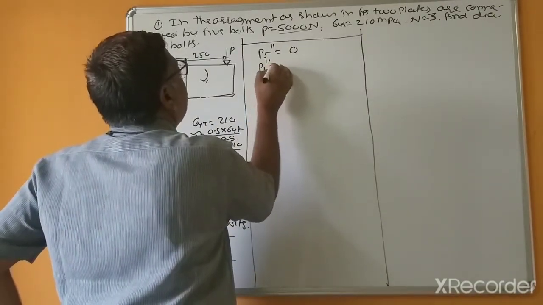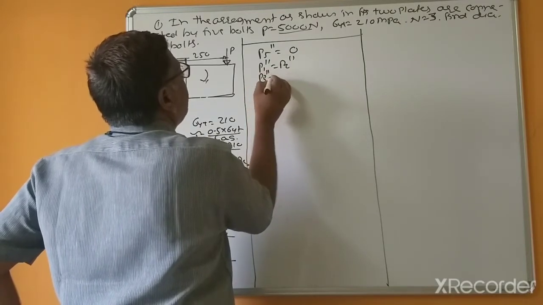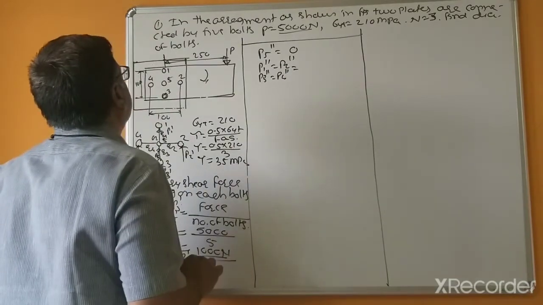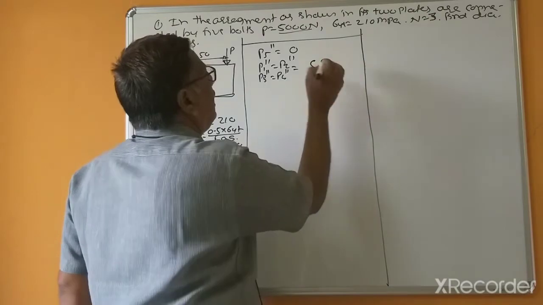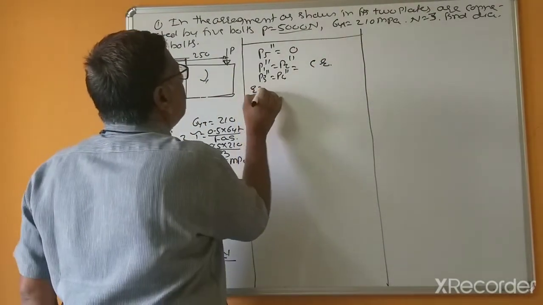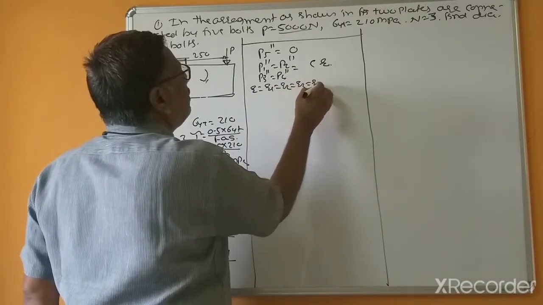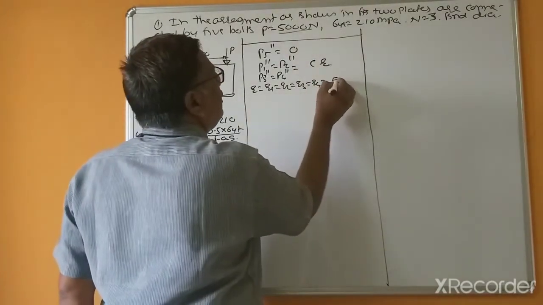P1 double dash, P2 double dash, P3 double dash, P4 double dash equal to C into R. R1 equal to R2 equal to R3 equal to R4 equal to, this is 100 means 50 mm.